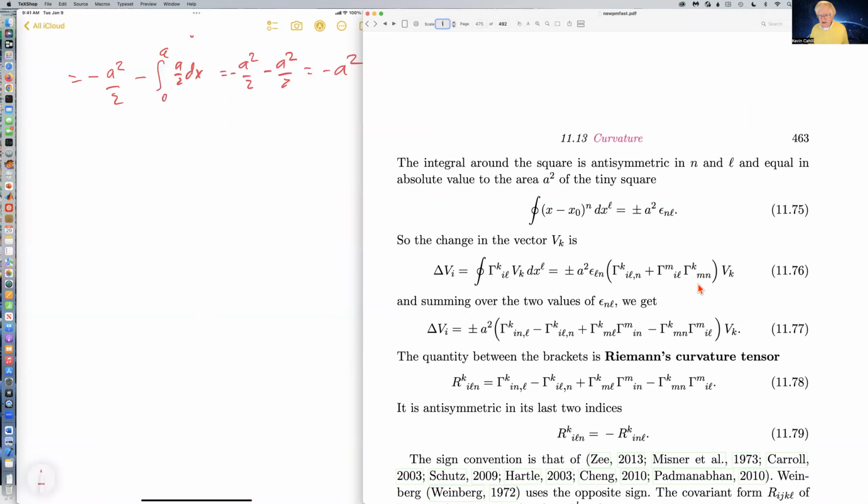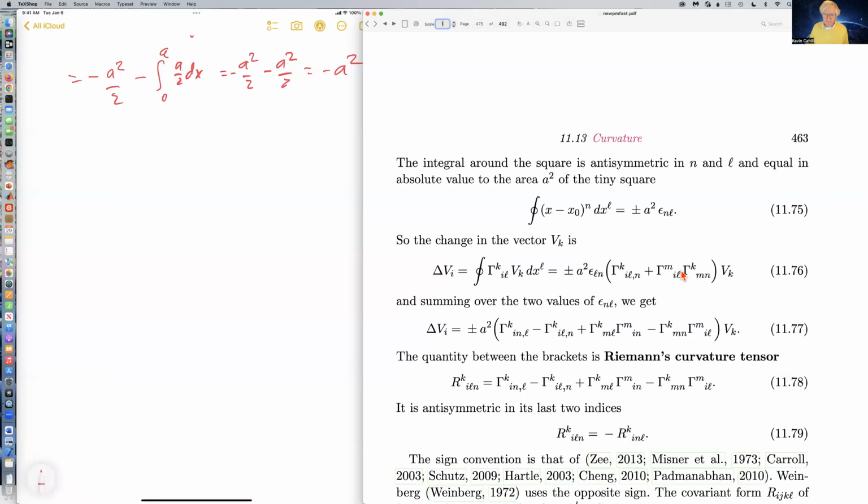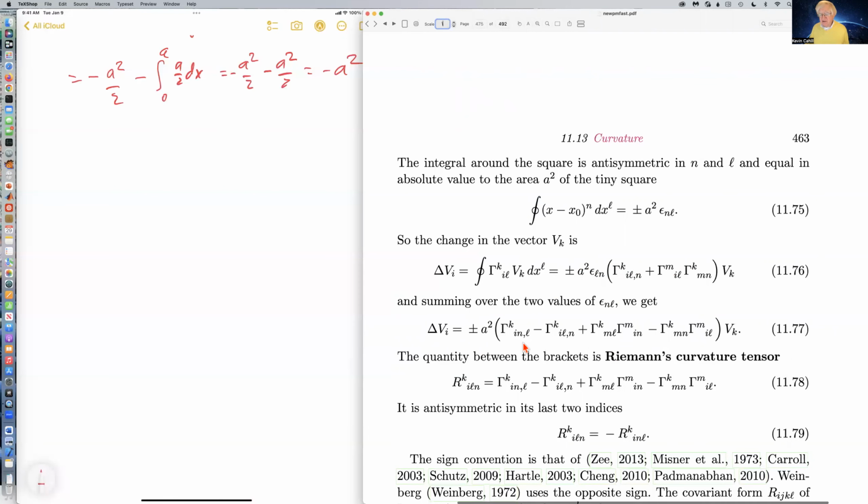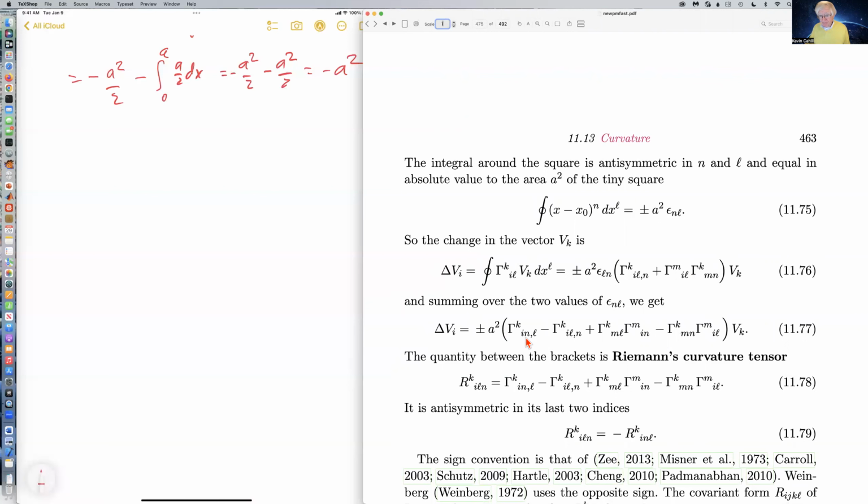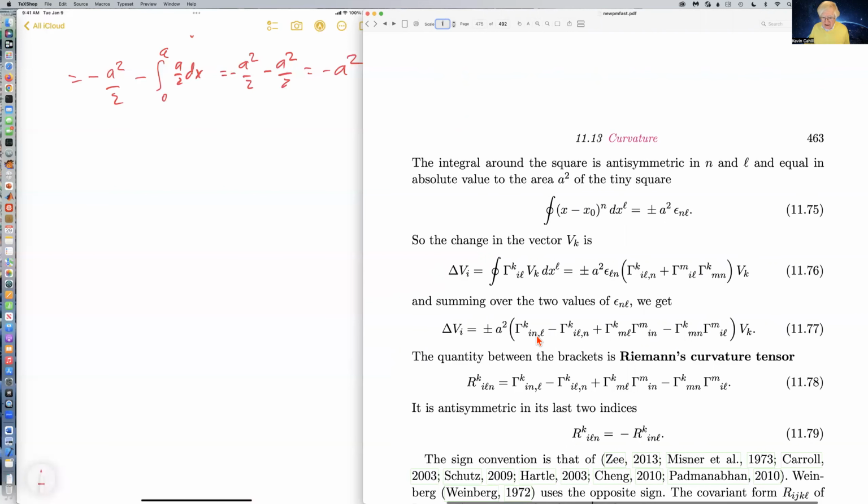And that then is equal to this when we've interchanged M and K. This has to be still summed over L and N, and when we do that, we get A squared, and then the INL term minus the ILN term. In other words, we get this term twice, once with a minus sign.